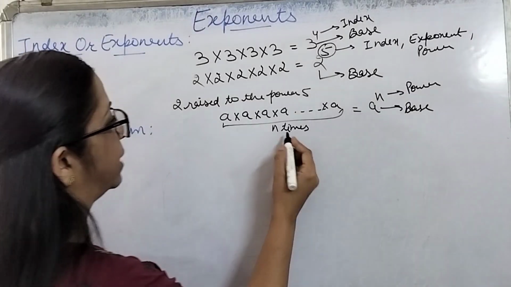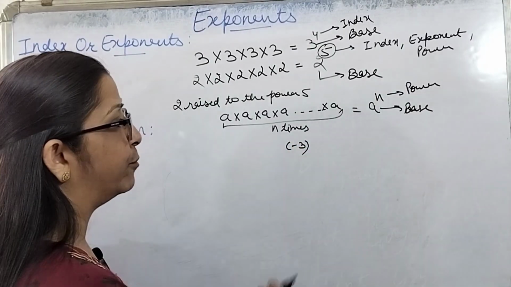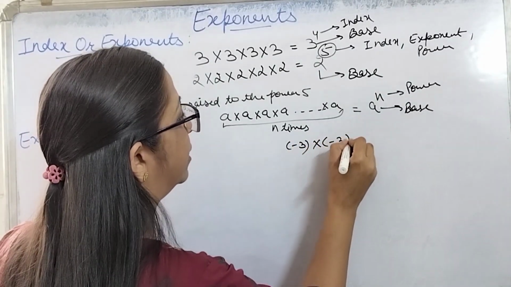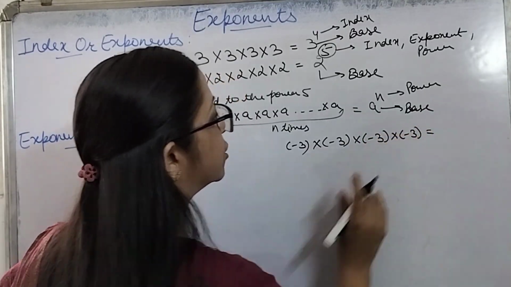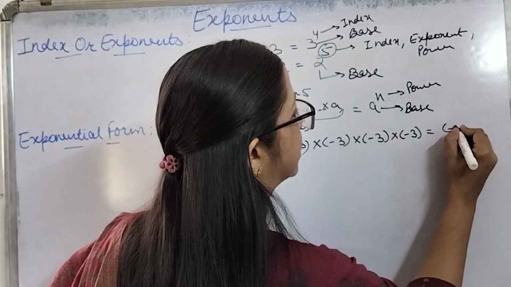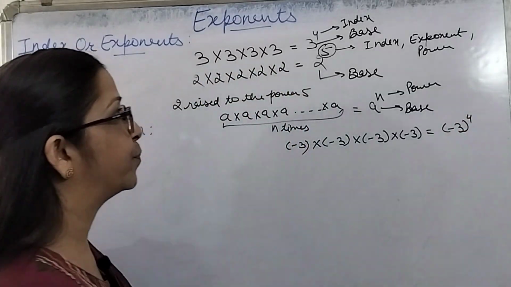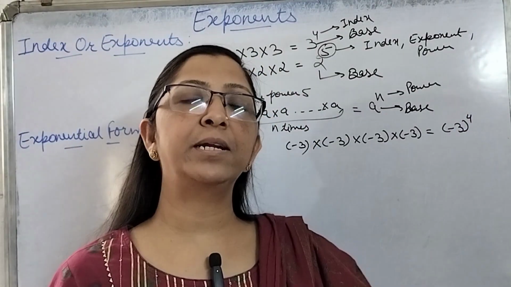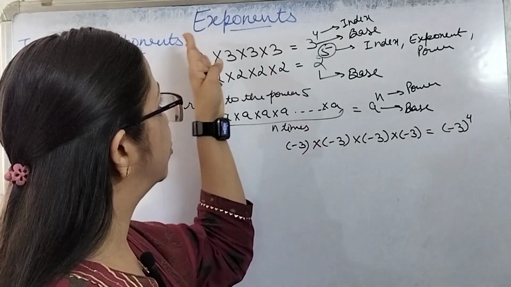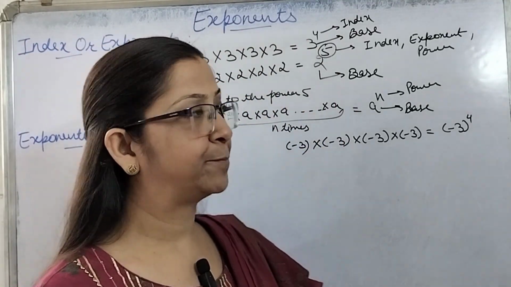If your number is minus 3, and minus 3 is multiplied 4 times, it can be written as minus 3 raised to the power 4. So this is how we can write any number if the same number is multiplied multiple times.